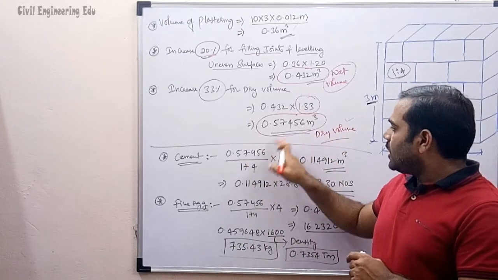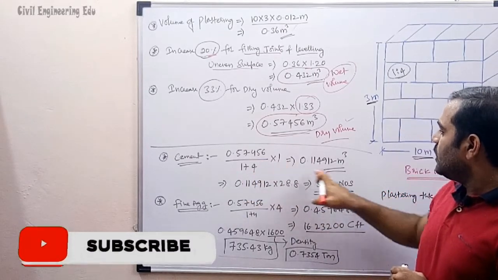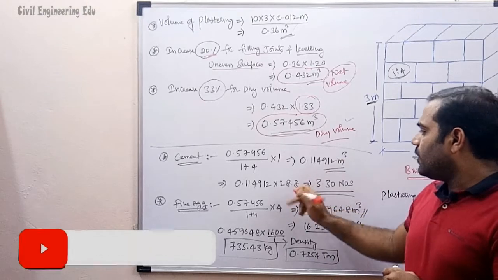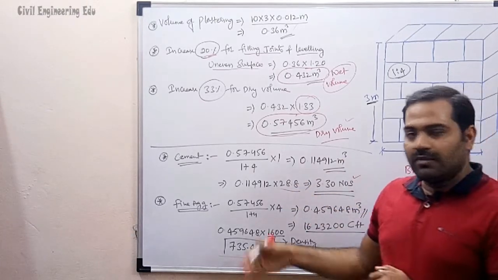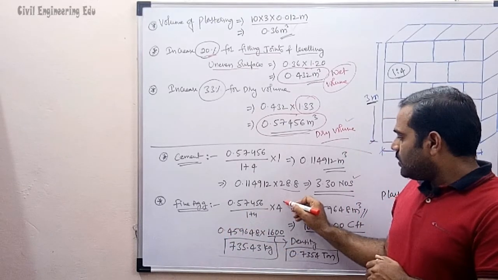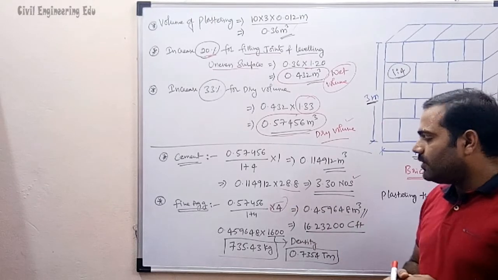Similarly, dry volume divided by the addition of the mix proportion, into 1 unit. I got this much volume. If I multiply with 28.8, we will get the number of bags. Similarly for fine aggregate the same procedure, but here we multiply with 4 because the fine aggregate is occupying 4 units.